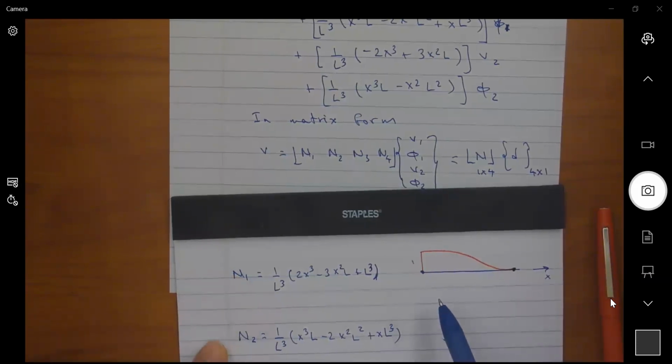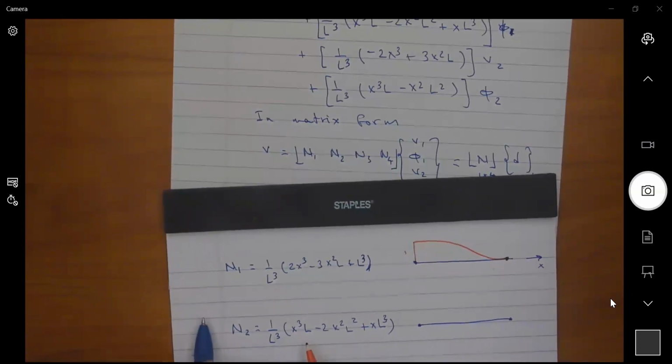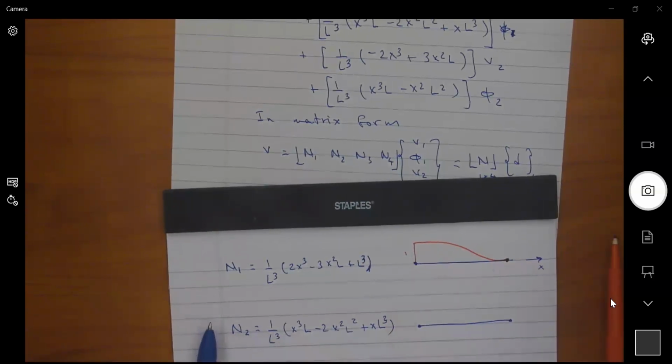When I look at N2, this corresponds to the second degree of freedom. So when I plot this function, v1 is going to be equal to 0, but phi1 will be equal to 1. So if I substitute for x equals 0 here, I will get a 1.